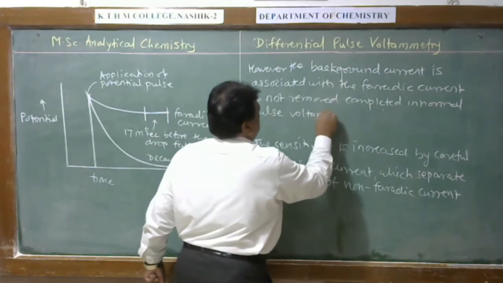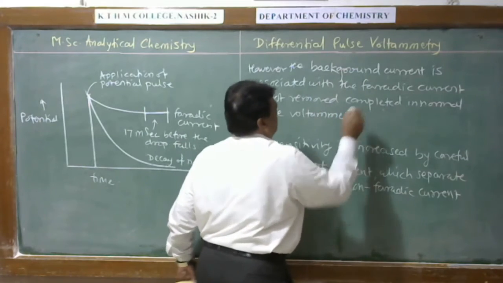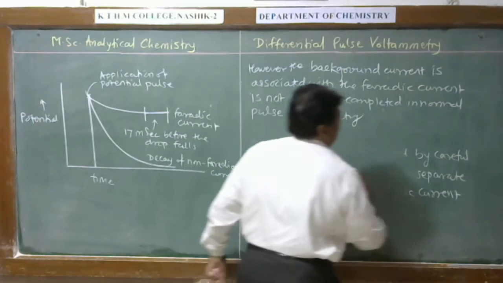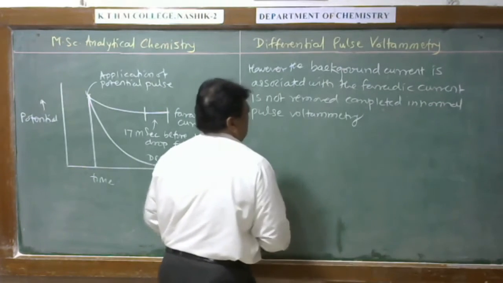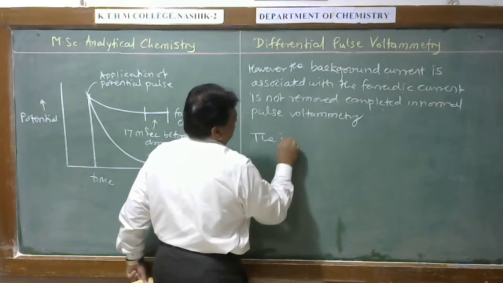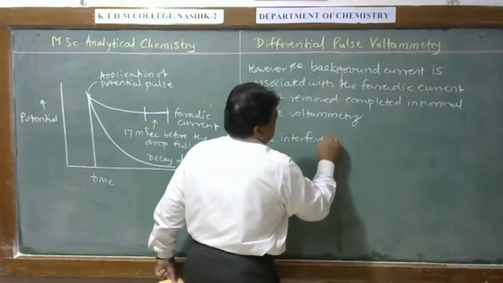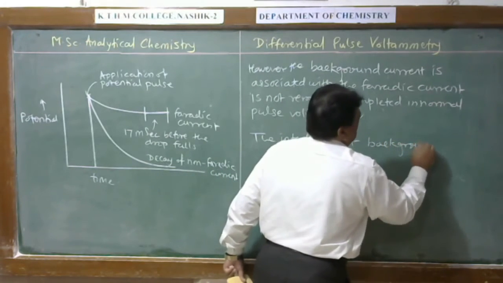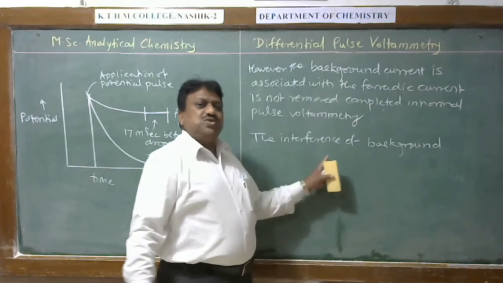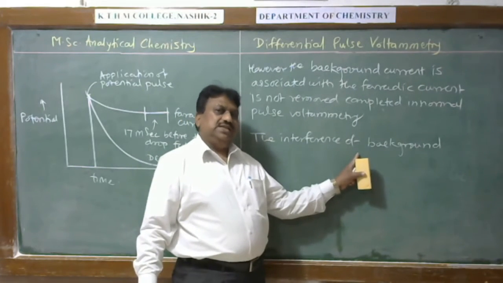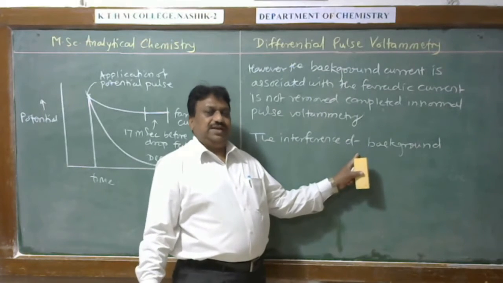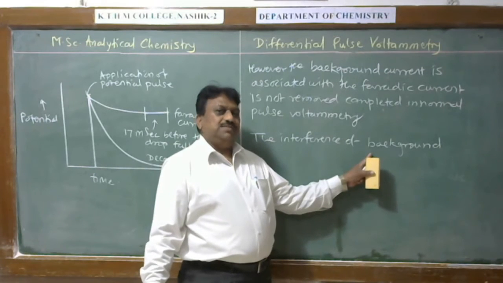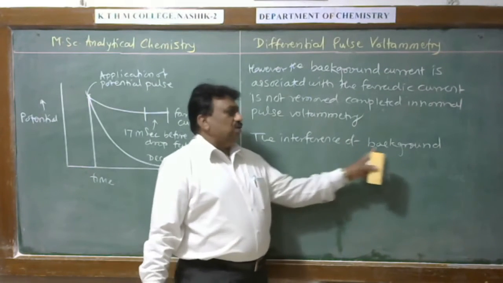So in order to remove the interference of this background current, the current measurement is carried out differently. The background current is a current associated with the nature of the supporting electrolyte, like the residual current.